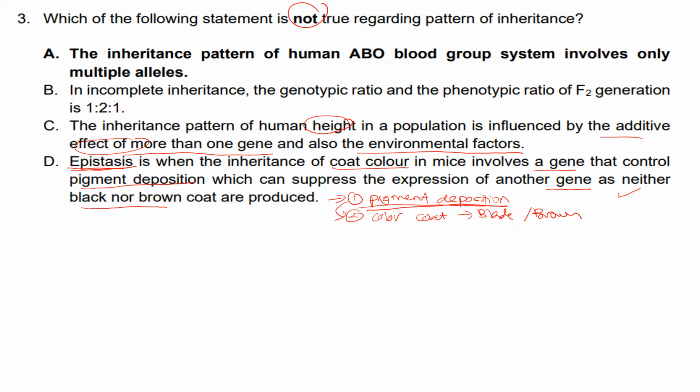Height is also influenced by environmental factors. For example, if you take a set of twins, obviously these twins will have the same genetic composition. So initially, the height of these two individuals will be the same.